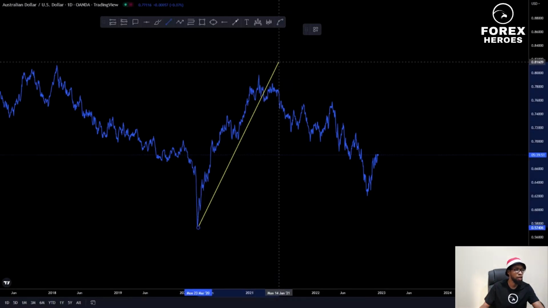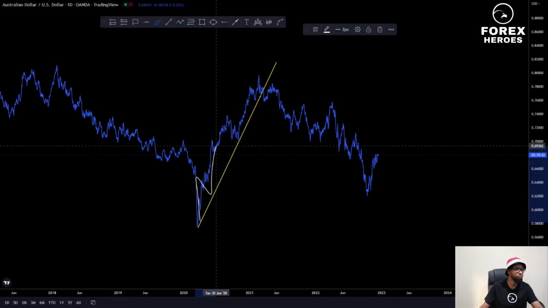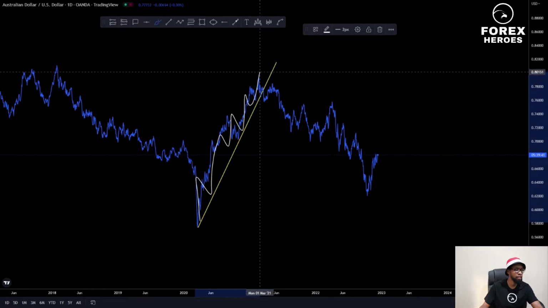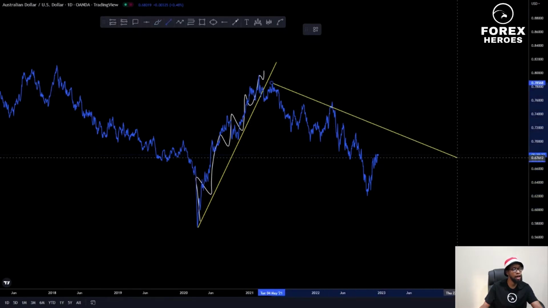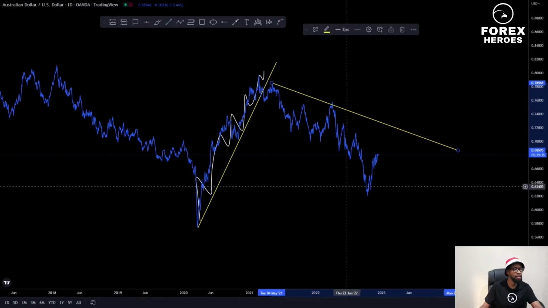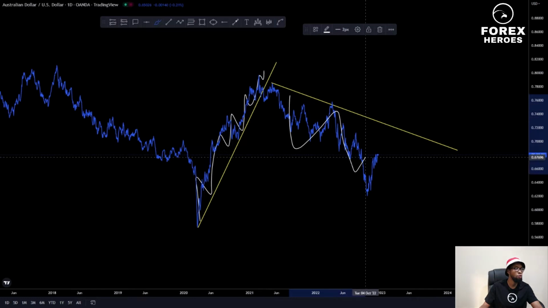So as you know, with your trend line, if you have something like this, you would know that anything above this line simply says we are in an uptrend, and then anything below here simply says what?